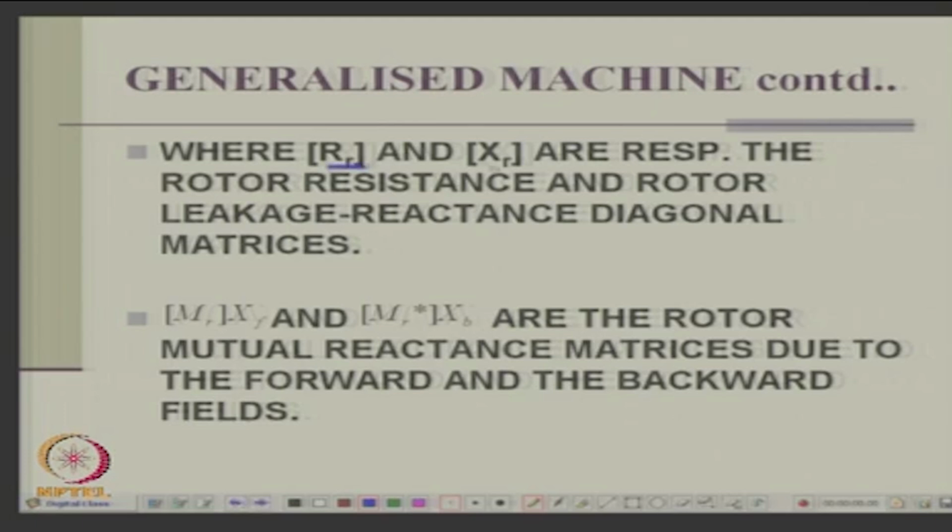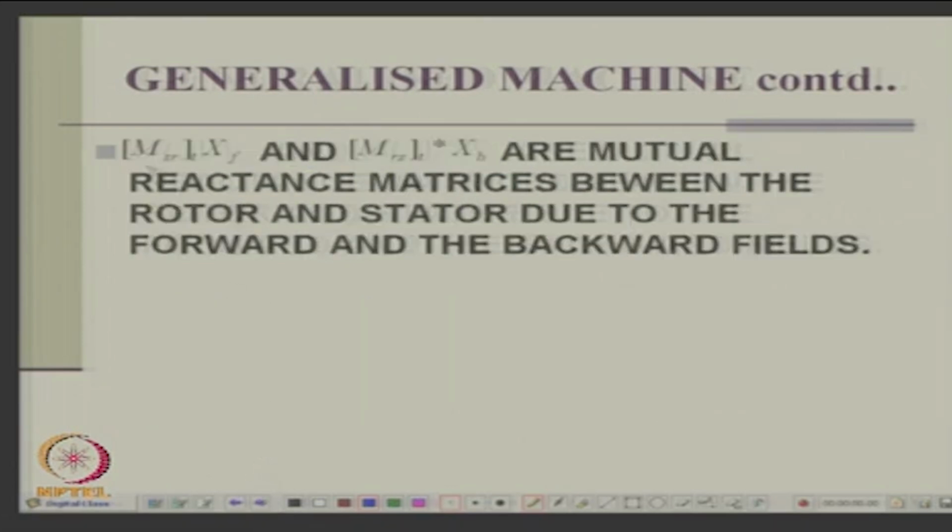Now, RR and XR are of course no problem, they are the resistance and leakage reactances, and MR Xf and MR star conjugate Xb are the mutual reactances due to forward and backward fields. The rotor will have mutual reactance between forward and backward fields, okay. Now, MSR transpose Xf and MSR transpose conjugate Xb are the mutual reactance matrices between the rotor and stator due to forward and backward fields.